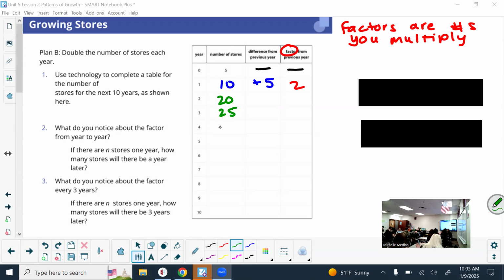I'm seeing some looks on some of your faces. Do we want to speak up about something? Is this going well so far? Is this doubling each year? Okay, where is it not great right now?